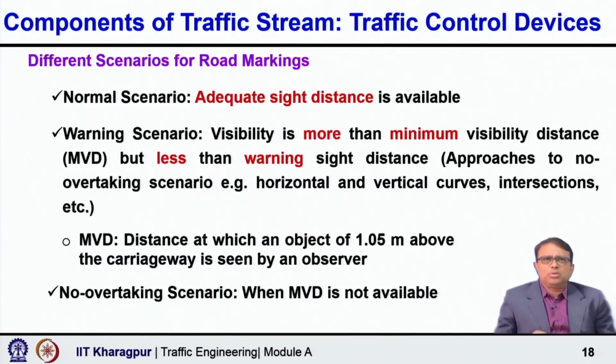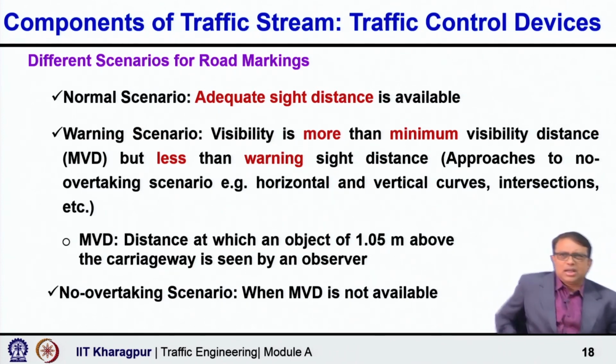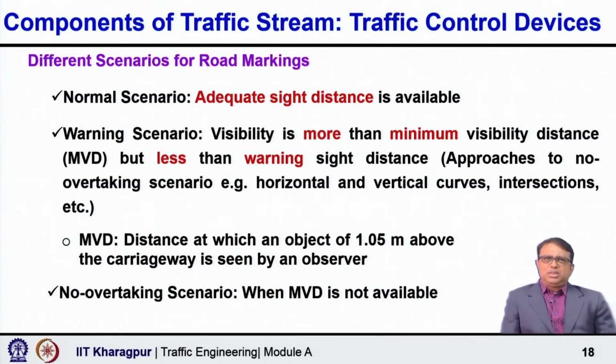Now, road markings are done for different scenarios, primarily I should say for 3 scenarios. Normal scenarios, let us say where adequate side distance is available. You are travelling, the road is straight, there is no issue of side distance or visibility, the road is clearly visible, no restriction, no issue. That is the normal scenario.